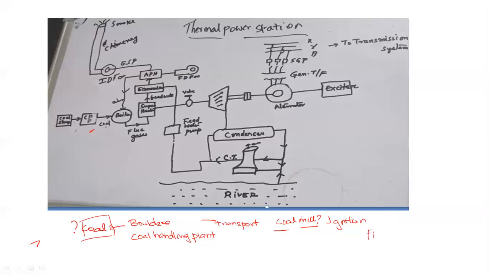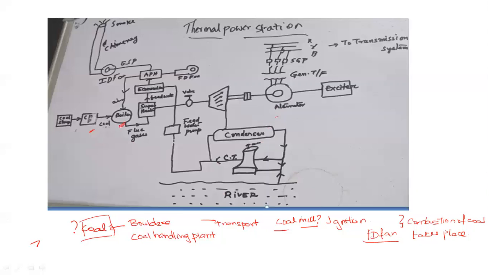So combustion of coal takes place. When the combustion of coal takes place, a fireball is formed in the middle of the boiler. You can see the boiler. This will be a very high structure, about 70 meters in height.